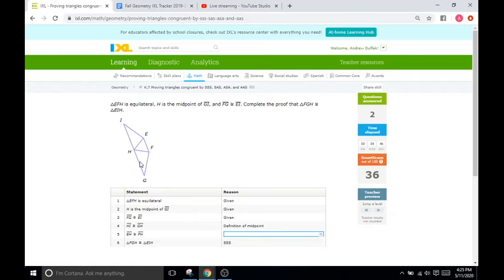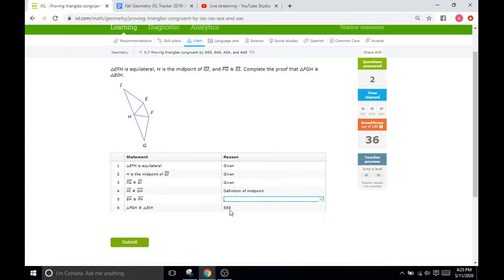In the midpoint, and FG is congruent with EI. So we also know that these two sides are going to be congruent. So we know these two sides, those two sides, and these two sides are going to be congruent because of the equilateral triangle. So it's no surprise that toward the end here, they say we know they are congruent because of the SSS theorem.